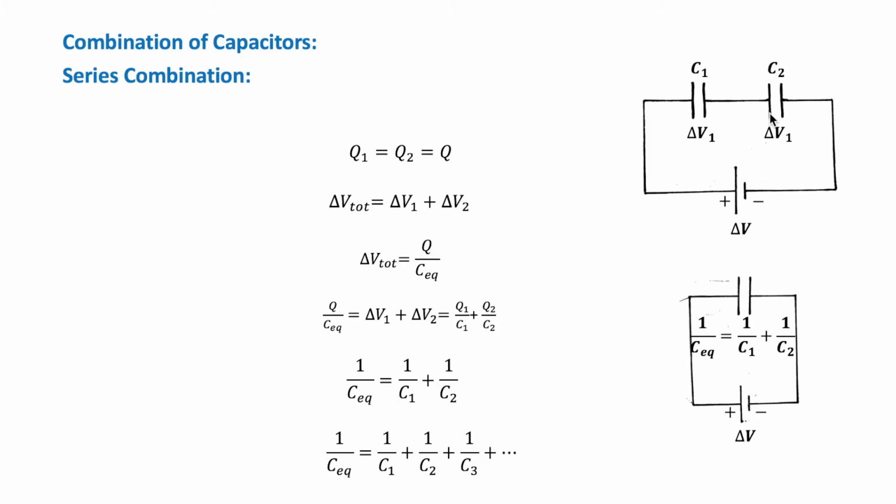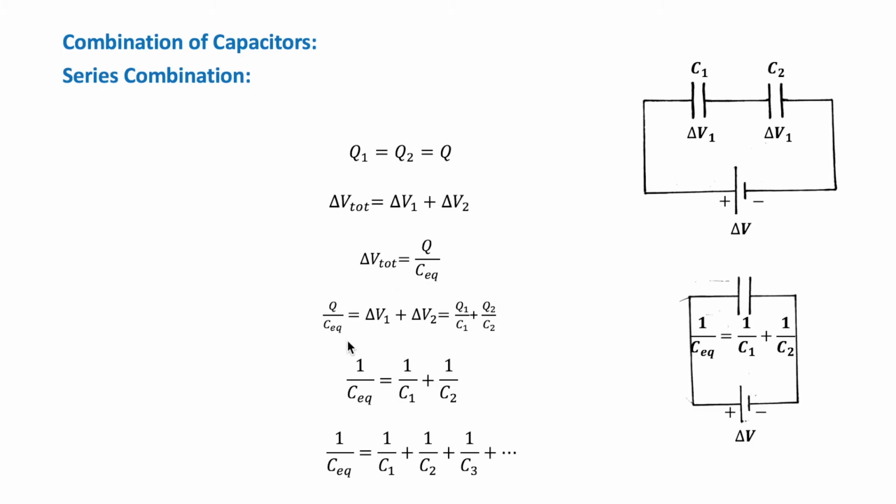The total voltage delta V total is equal to delta V1 plus delta V2, and these are the potential differences across each capacitor. And delta V total is equal to Q over C equivalent.